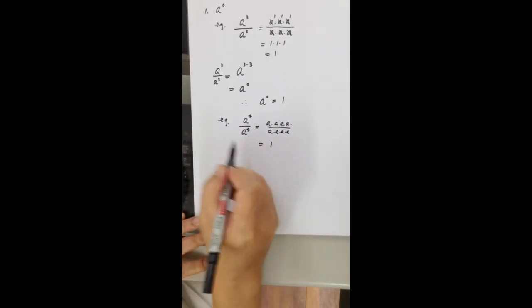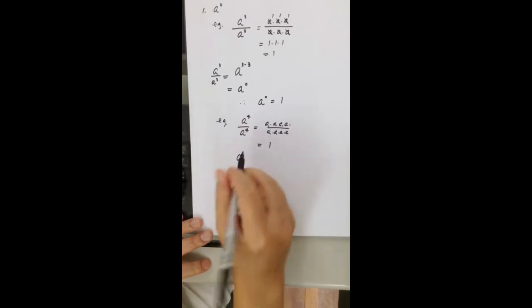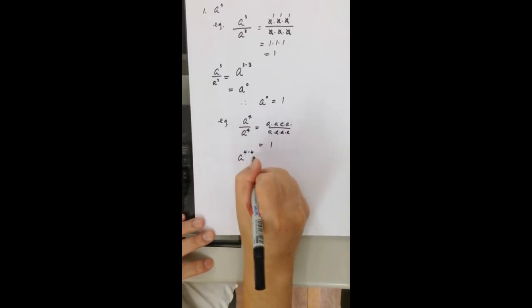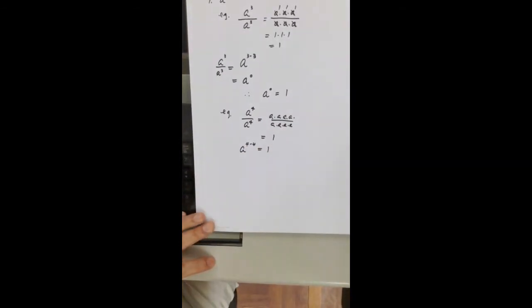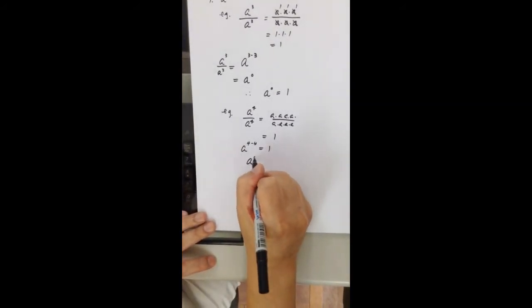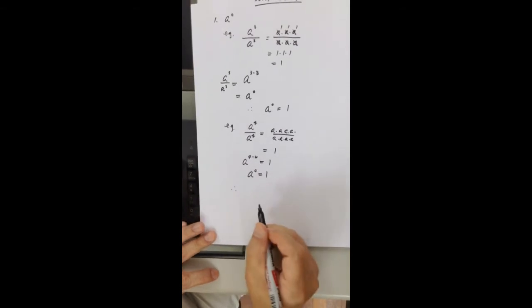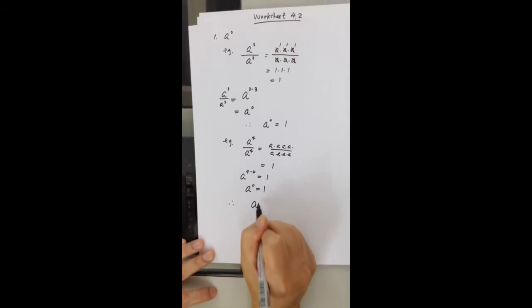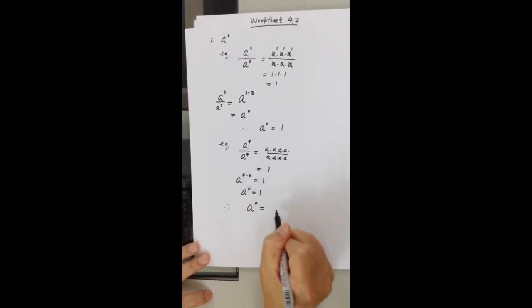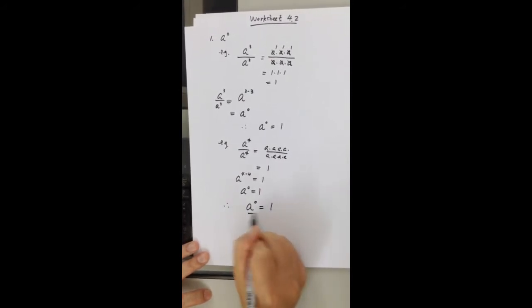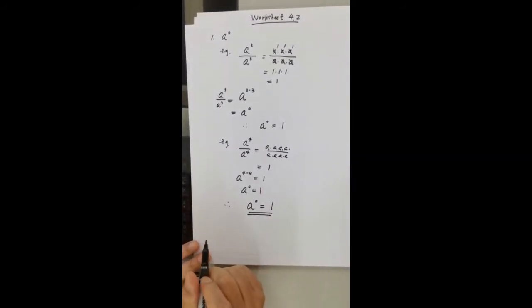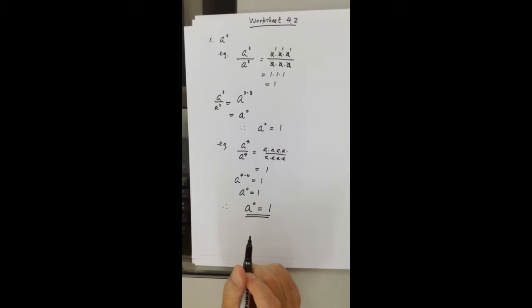If we use the formula, we can say that 4 minus 4 is the index. So a to the power 0 is equal to 1. Therefore, in general, a to the power 0 is equal to 1. Very good. Please write it down on your worksheet 4.2.